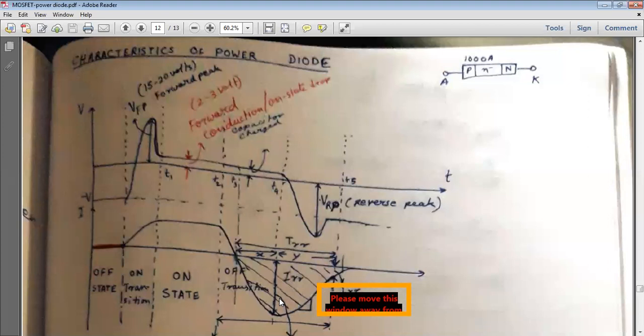After a certain time, when the reverse bias voltage is applied at some instant during on state, the equivalent model of the power diode is actually an RC circuit. So during the transition from on state, this conduction will be considered. Now the capacitor is charging.